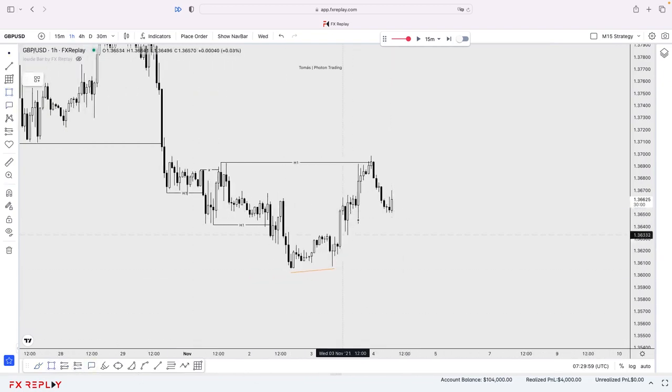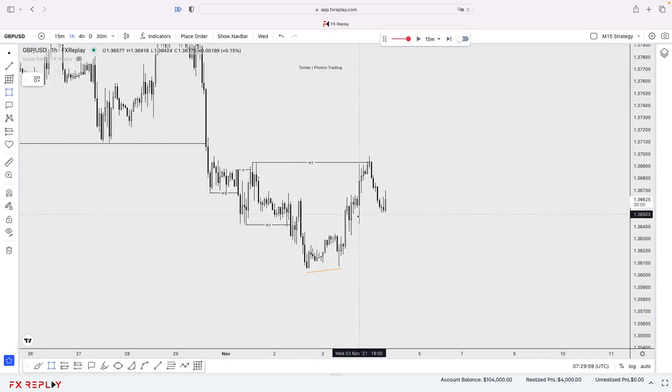So H1, these POIs are not really clean, so this can easily be used as inducement for POIs below. So if I'm going to look for longs, I will be looking for this POI. For me, this POI is asking to be inducement for the POI below.